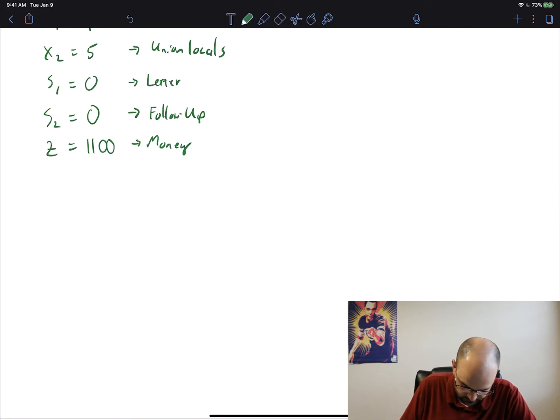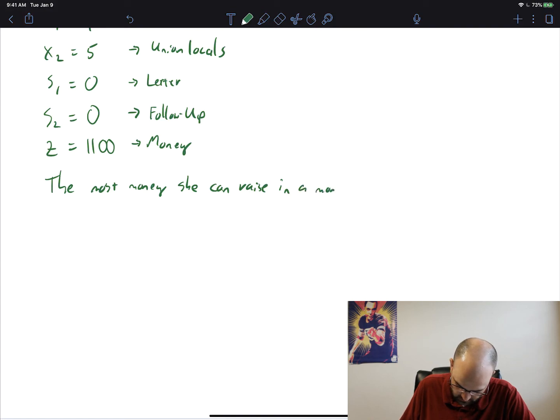So, the most money she can raise in a month is $1,100.